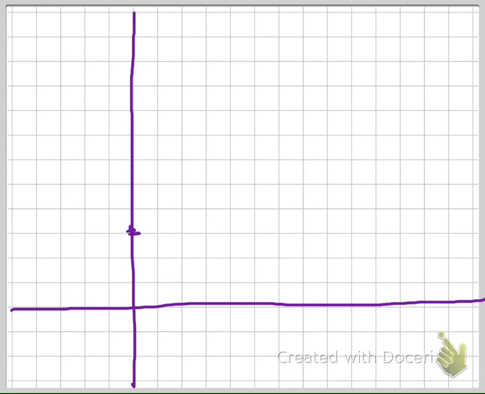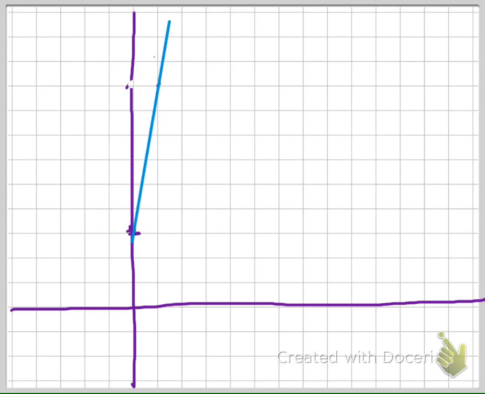So plus 3, and now I need to go up 6 and over 1 because the slope is 6. So up 1, 2, 3, 4, 5, 6. There we go. It didn't go over 1. There we go. So there's no point right there. And then I can, you should be using a ruler to do this.